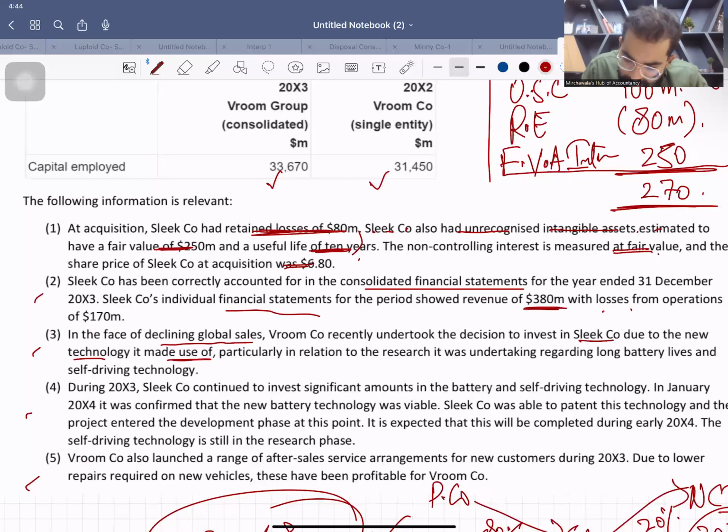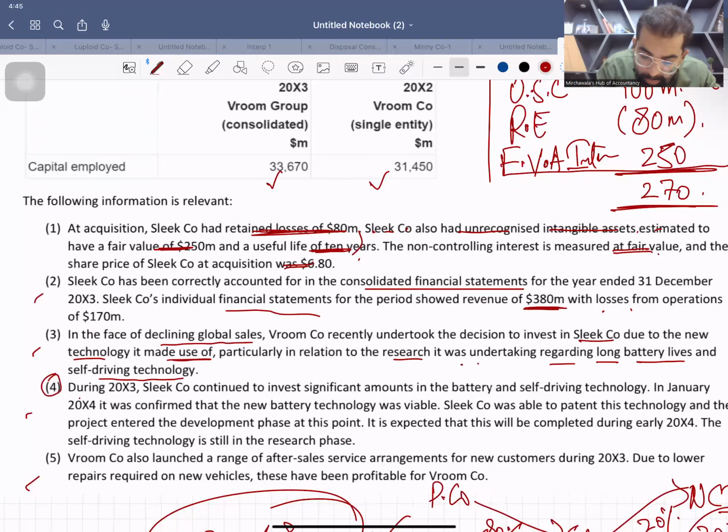Particularly in research it was undertaking regarding long battery lives and self-driving technology. Yes, now wait. Sleek company, the subsidiary company, is in the process of doing research for long battery lives and self-driving technology. So this is a long-term plan of the parent company to enter this market.